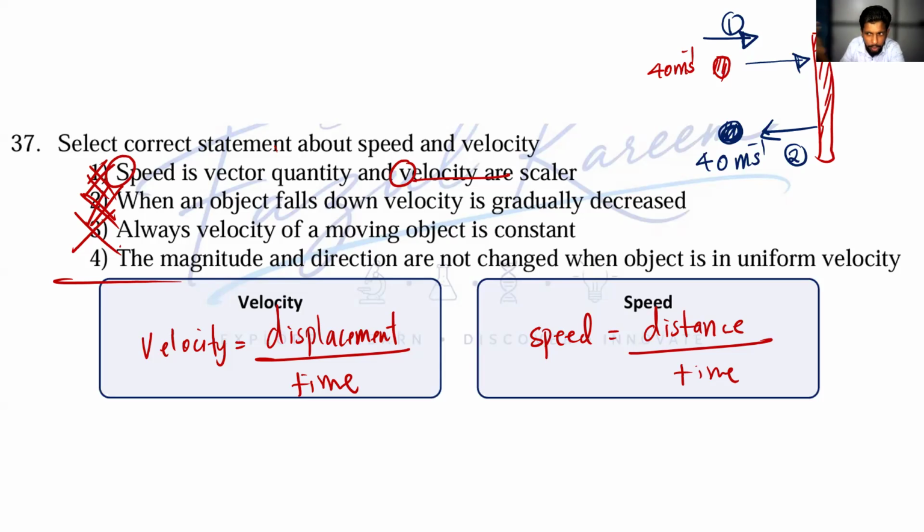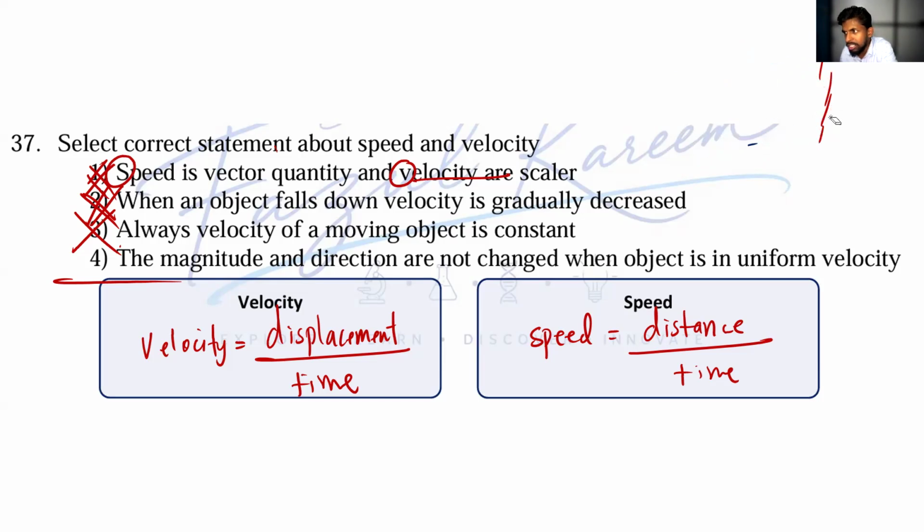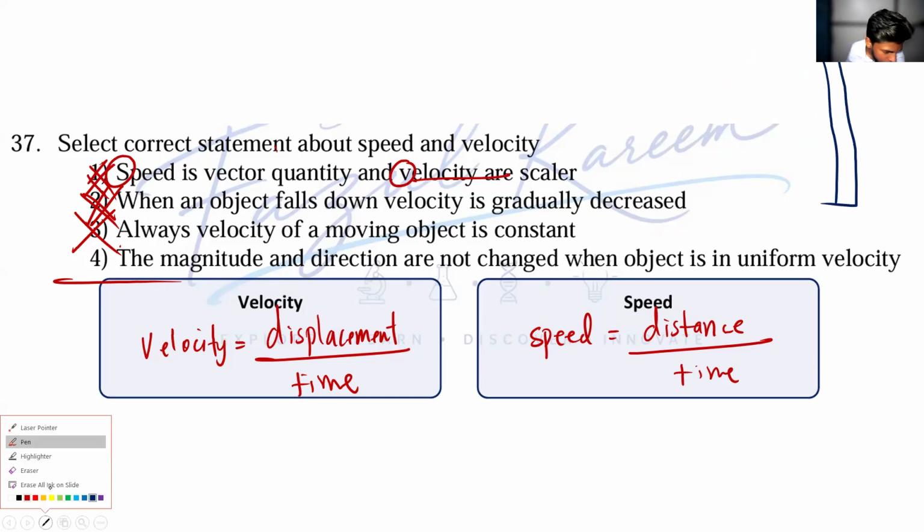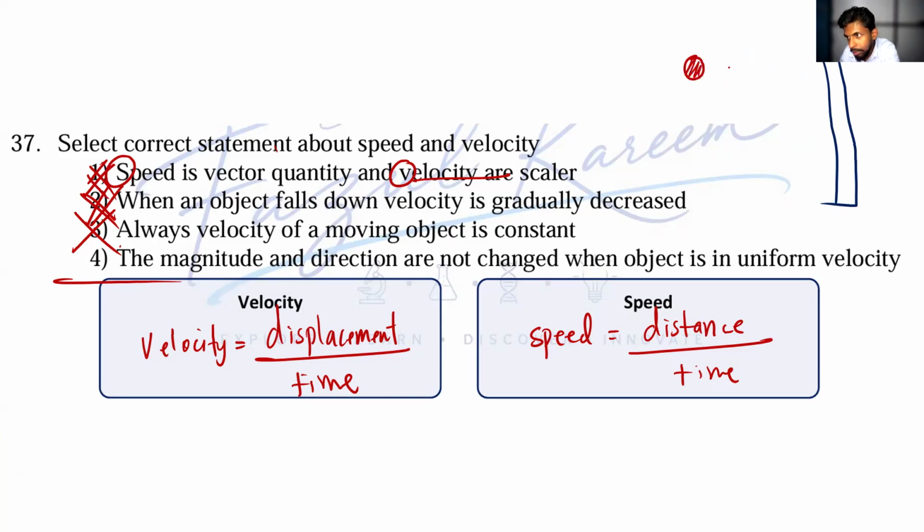Next to this question, draw this diagram. Here we have a wall. Wall is there, right? And the ball is moving here with 40 m s^-1.